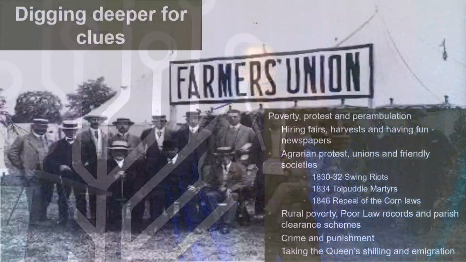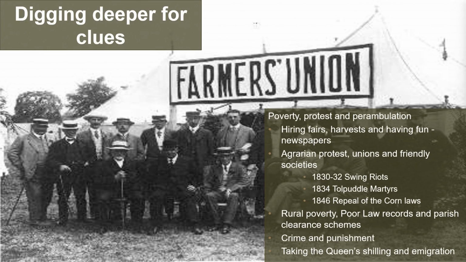But equally, our ag labs weren't just passive, enslaved folk working for other people's gain. They had a voice, and they used it at key moments. They would protest, particularly when you start to get the onset of mechanization. These labor-saving devices may have been more profitable for the owners of the land and very innovative in terms of better farming techniques, but they put jobs at risk.